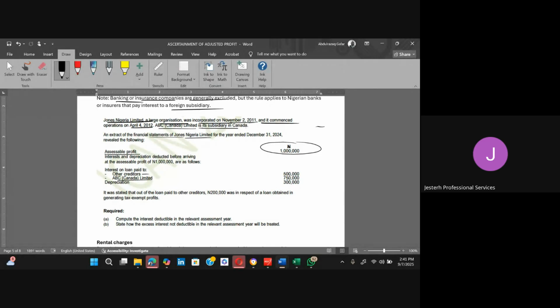It was stated that out of the loan from other creditors, 200,000 naira was in respect of a loan obtained in generating tax exempt profit. So compute the interest deductible in the relevant year of assessment, then state how the excess interest not deductible in the relevant assessment year will be treated. I extracted this from our ICAN past questions, so let us look at it together.